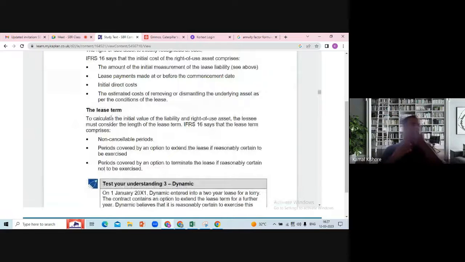Recently, one of my earlier professional level students suddenly one day evening messaged, giving some screenshot, telling, "Sir, the answer for lease accounting." He's sitting in some interview. They have told him to take some test online. He has taken the screenshot of all the lease related questions and is sending to me.